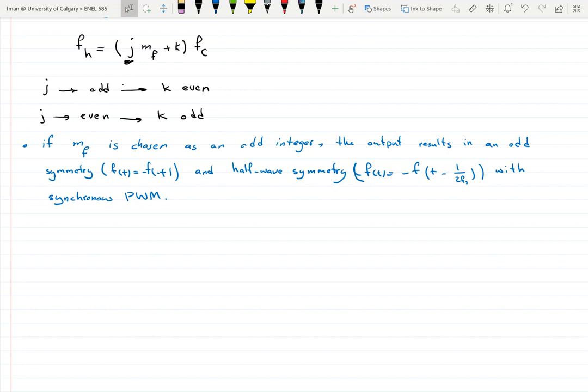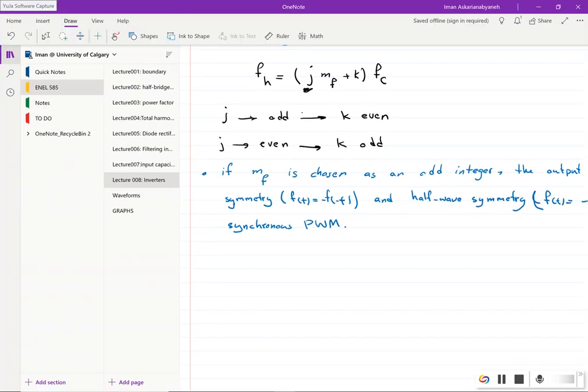Okay, so this is for the linear region, but what if we wanted to achieve a higher voltage at the output? So I want the first component of my voltage to be higher than VDC over 2. So I have to go into overmodulation where my MA exceeds 1. And so let me bring another picture here.